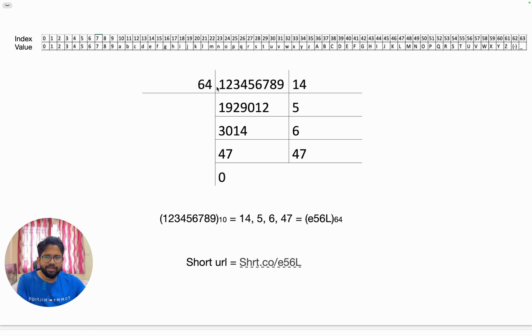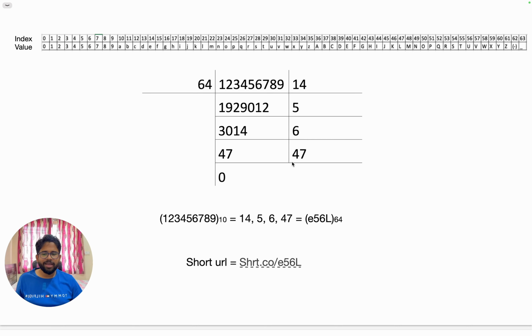So dividing this number 123456789 by 64 will give the quotient as 1929012 and the remainder as 14. Again, if you divide this number by 64, you will get 30140 as quotient and 5 as remainder. Again, you will get 470 as quotient, 6 as remainder, and eventually you will get 0 as quotient and 47 as remainder.